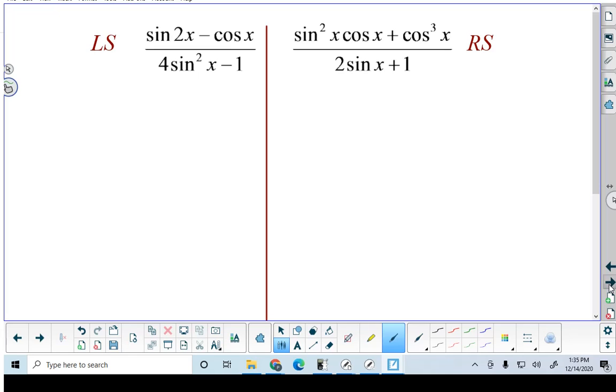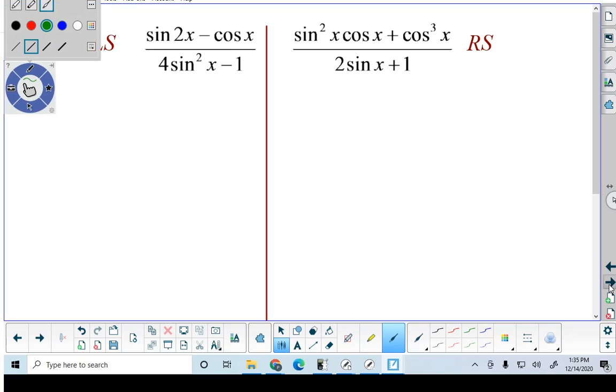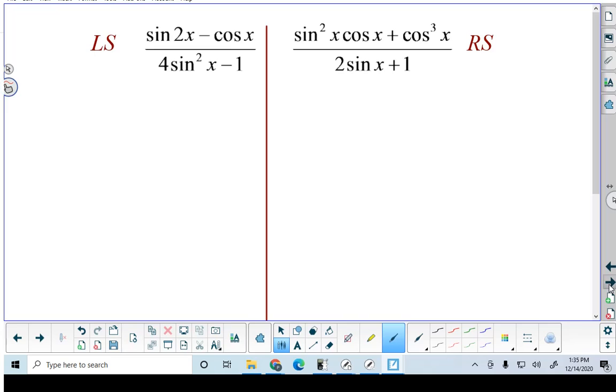So write everything in terms of sine and cosine. Well, there's really only one thing we can do here, and it's to rewrite that sine of 2x on the top of the left as 2 sine x cos x minus cos x.